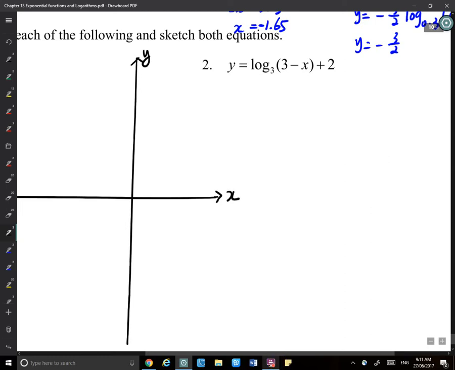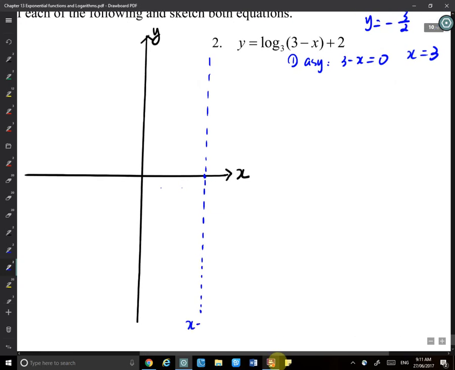Okay, so first thing is asymptotes: 3 minus x equals 0, x equals 3. x equals 3 will be the asymptote.